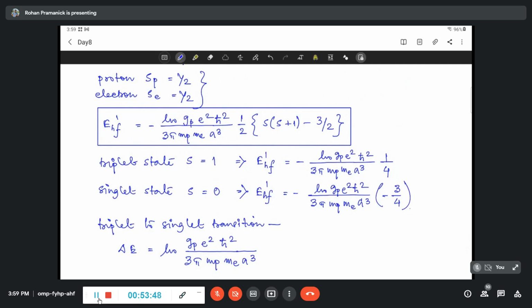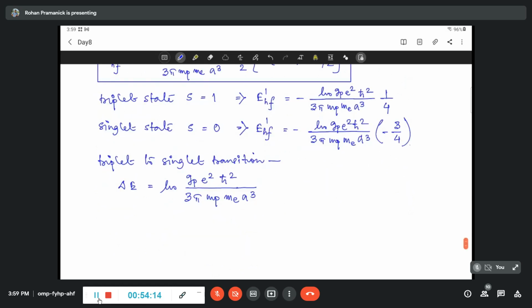So what happens is this, in terms of astrophysics, one actually observes this transition in cosmos. So you want to find how much amount of hydrogen is present in an astrophysical object, and that can be found out using this transition.